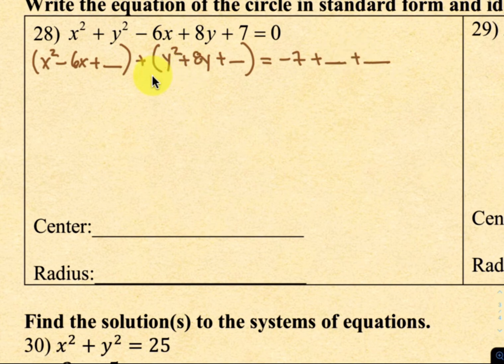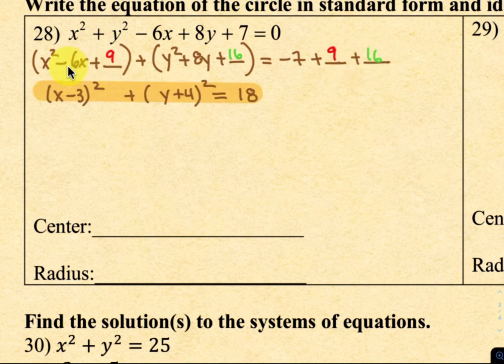Now we need to figure out what we're adding here. That's going to be 9, because we take half of the 6, which is 3, and square it. That would be 9, and we'll also have to add 9 over to the right side. Now half of 8 is 4, and 4 squared is 16, so we'll put 16 here, and also add 16 to the other side.